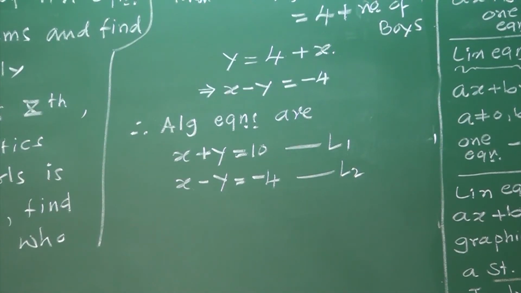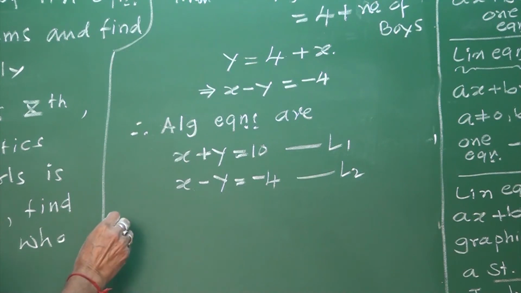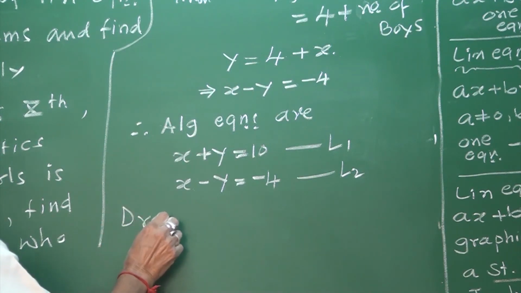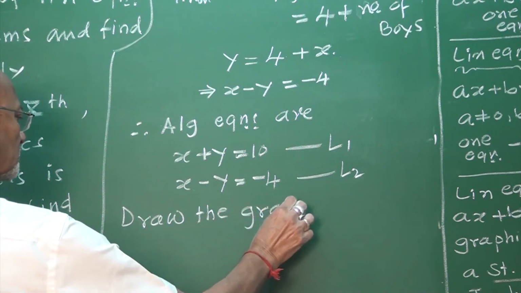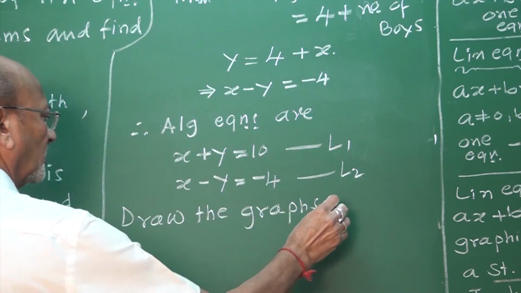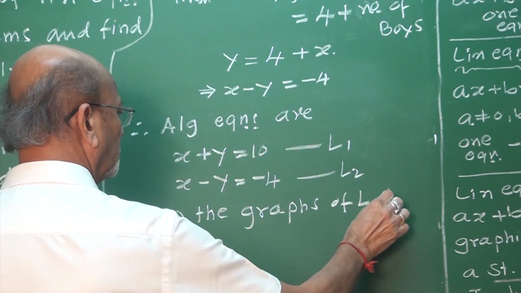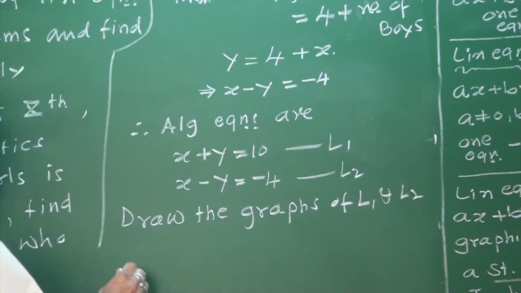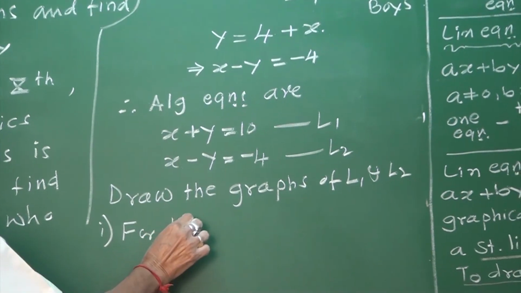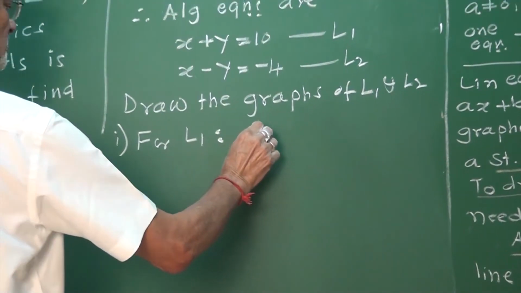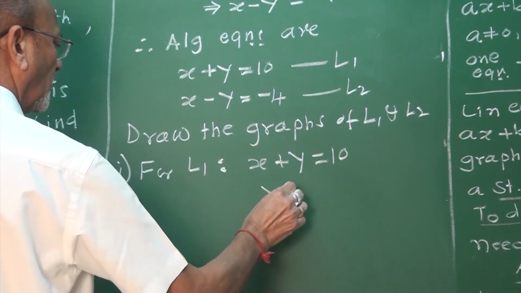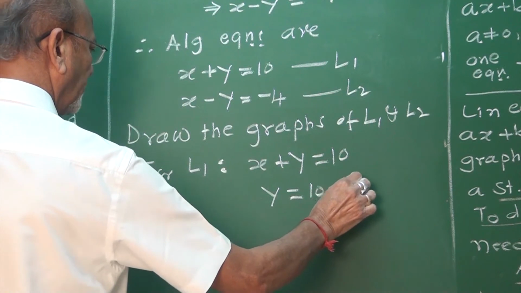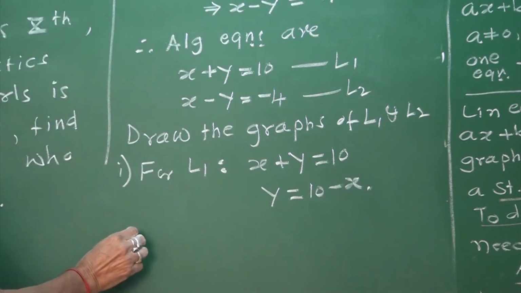Now we have to draw the graphs of L1 and L2. Yes, my friends, first one for L1. You know the method. What is the equation? x plus y equal to 10. Solve for y. y is 10 minus x gives values.